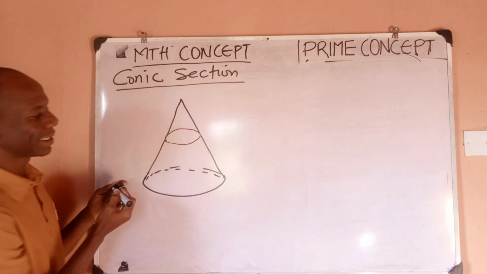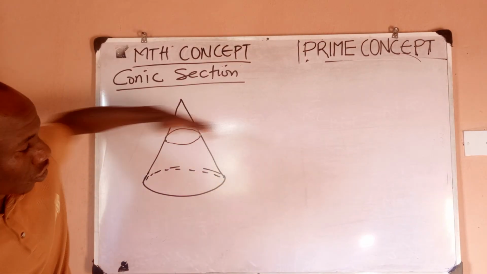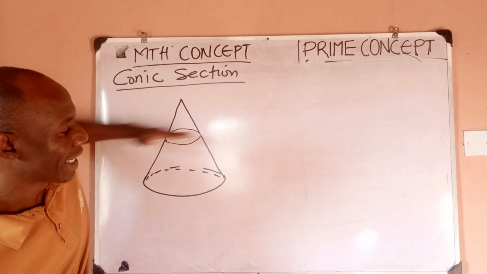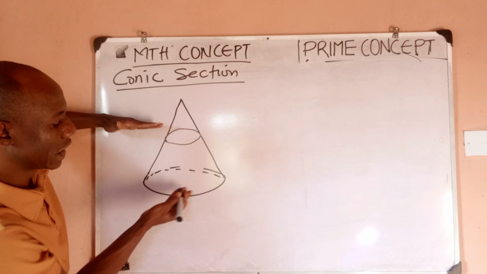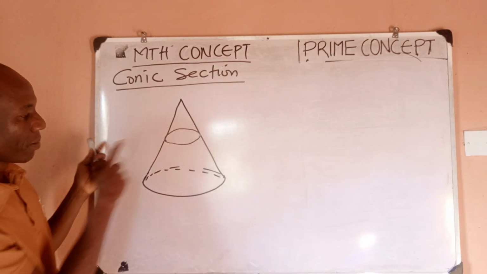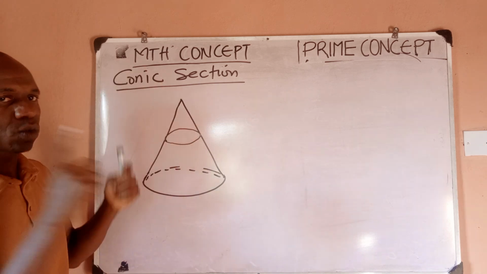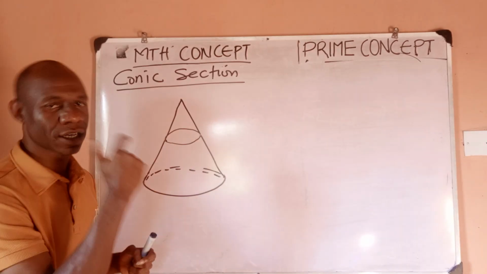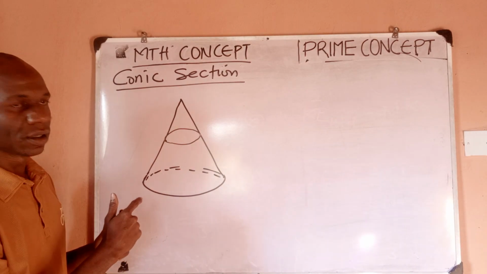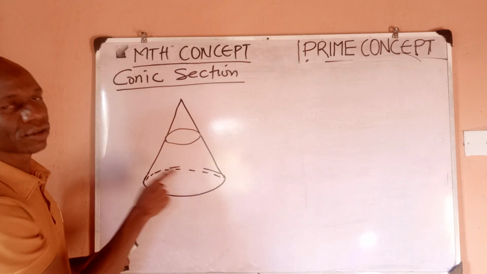When you slice it and turn it, you will notice that what you have gotten is a circle, a circular shape, by slicing parallel to the base.